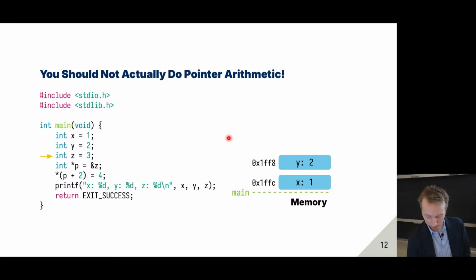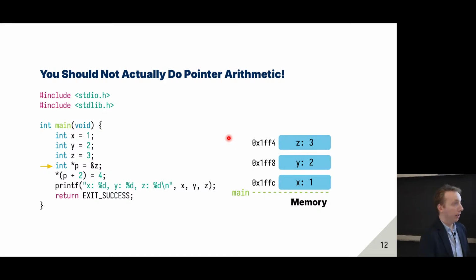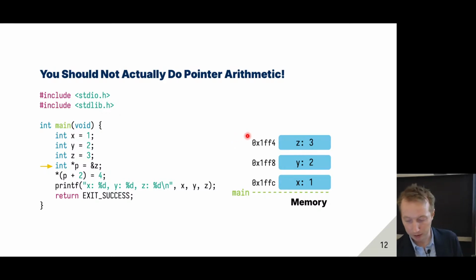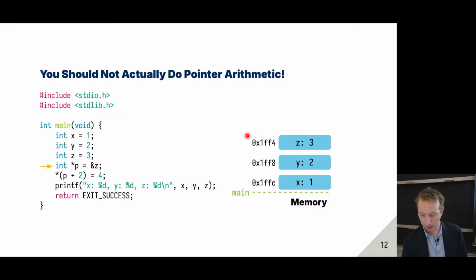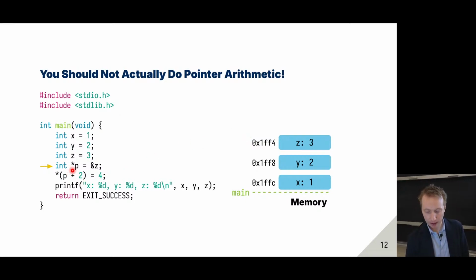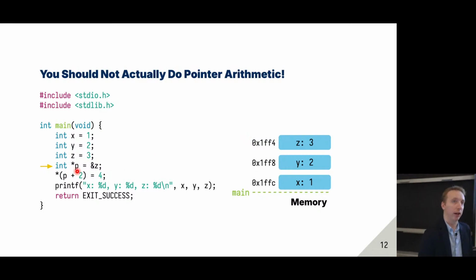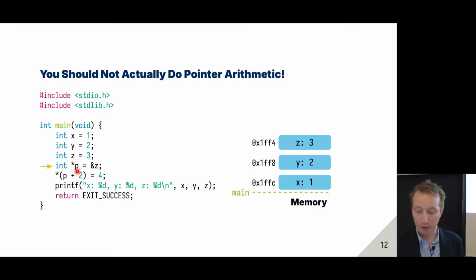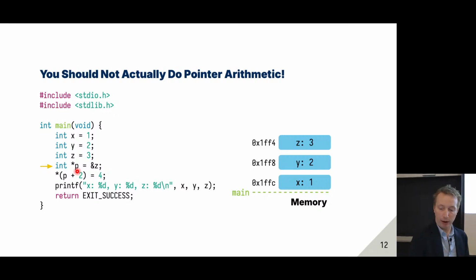Then here I declare z. Z gets a lower address, it might be right beside it. Then I create a pointer, and the address we assign it is the address of z.